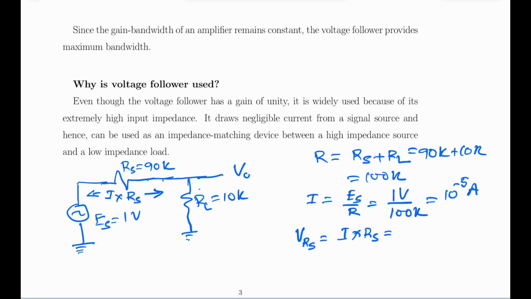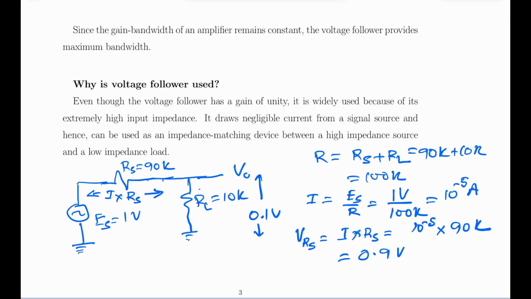So this is equal to 10 to the power minus 5 into 90K. So this is 0.9 volt. So 0.9 volt drops across the source resistance, and the voltage available across the load resistance is only 0.1 volt. This also follows from Kirchhoff's voltage law or loop law.